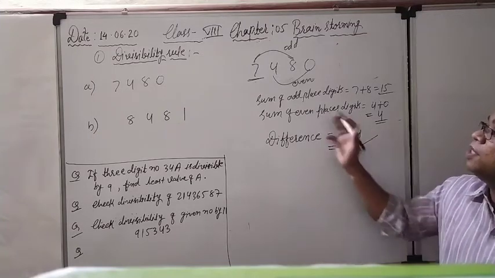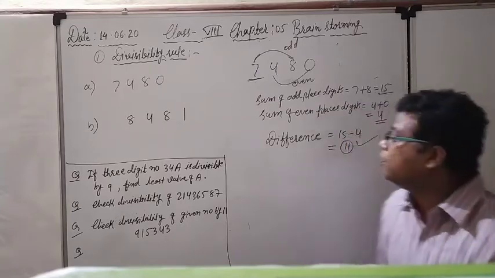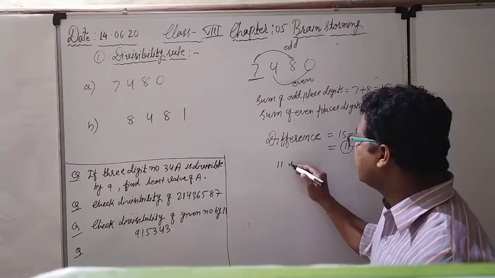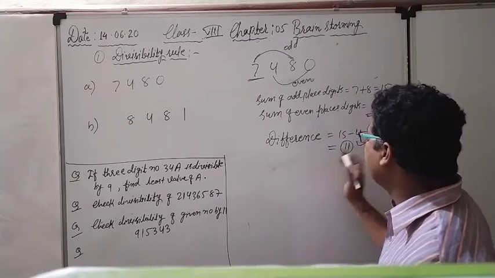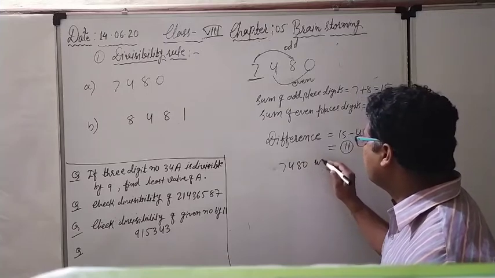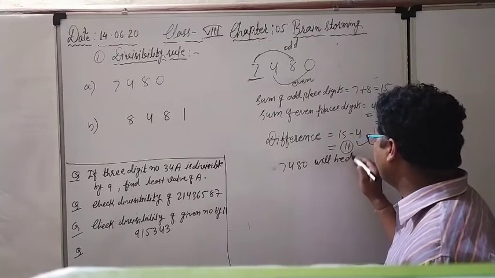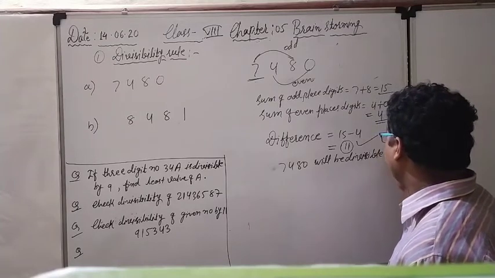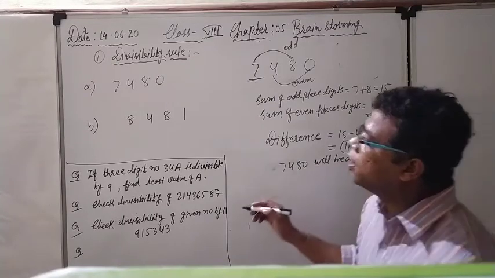Then only it will be divisible by 11. So we are getting the difference 11, meaning that we can say that 7480 will be divisible by 11.